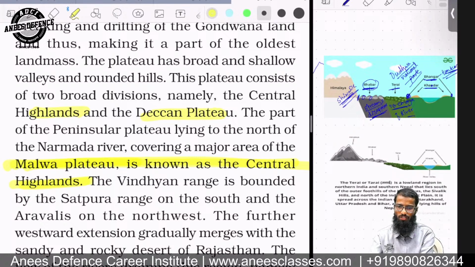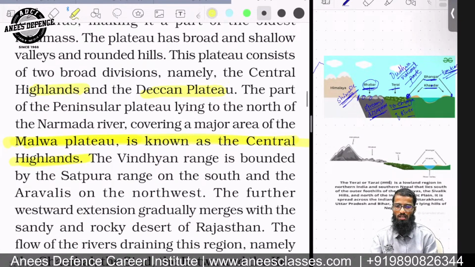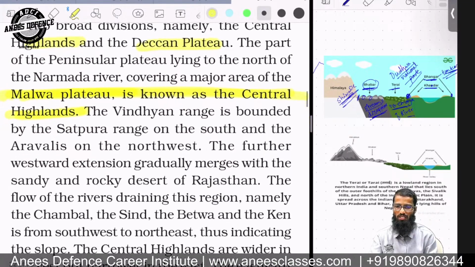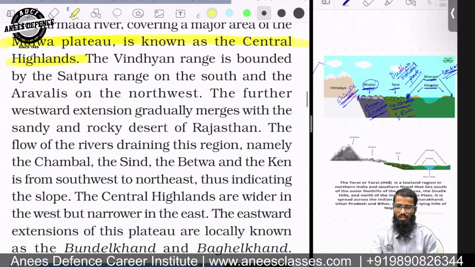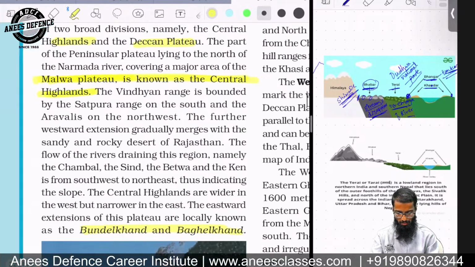The further westward extension gradually merges with the sandy and rocky deserts of Rajasthan. The rivers draining this region, namely Chambal, Sind, Betwa, flow from southwest to northeast, thus indicating the slope. The eastward extension of the plateau is locally known as Bundelkhand. So Bundelkhand is also part of Central Plateau.